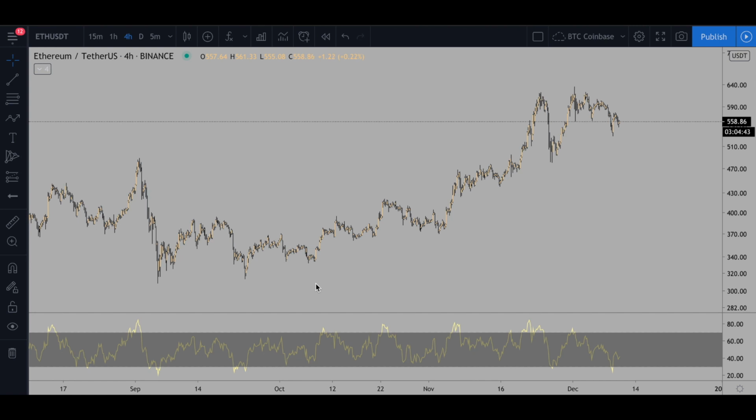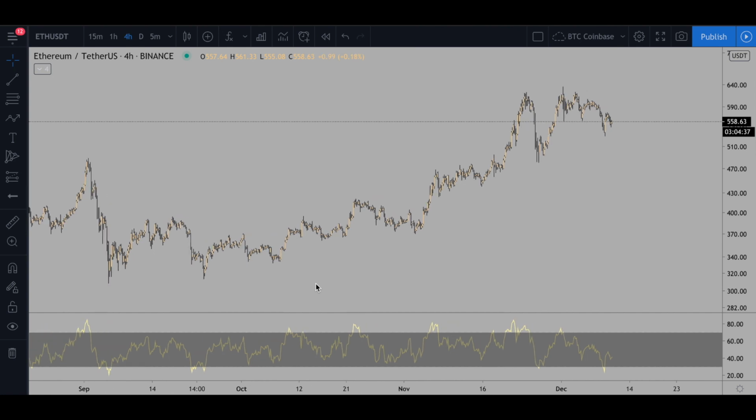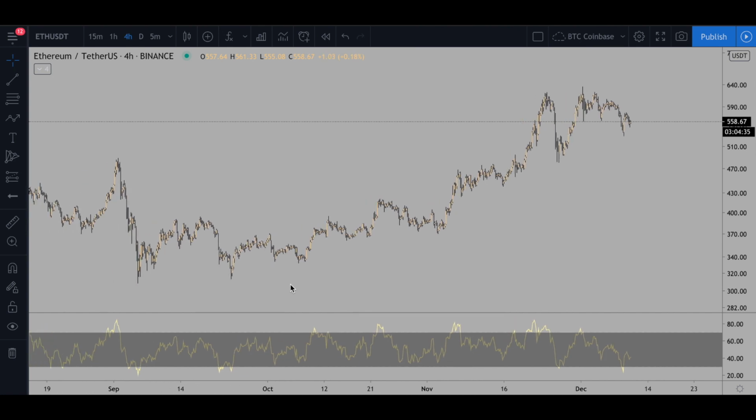Alright, what are bullish divergences? As I said, there's a lot of explanation about it, but simply explained, it's a trend reversal into the bullish direction. Whenever we talk about the bullish divergence, we're most likely going to see a trend reversal to the upside.